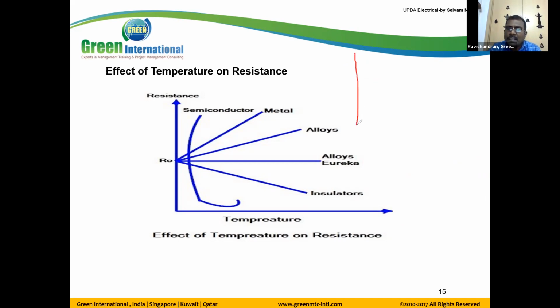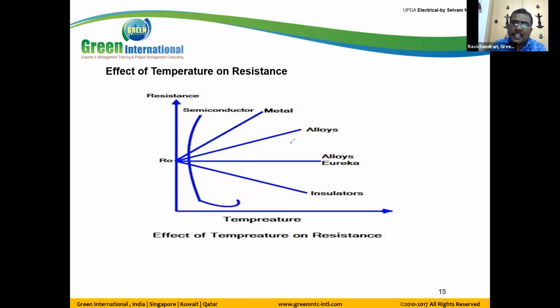And one more material we have has both positive and negative temperature coefficients, which we call a semiconductor, because silicon and germanium are sometimes used as a conductor and sometimes as an insulator. So semiconductor materials, specifically silicon and germanium, have both positive and negative temperature coefficients.